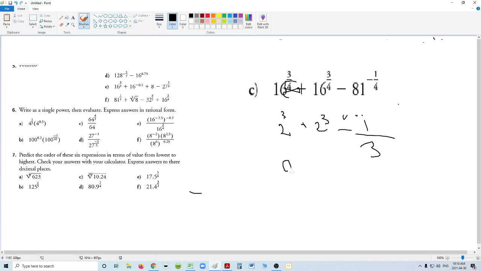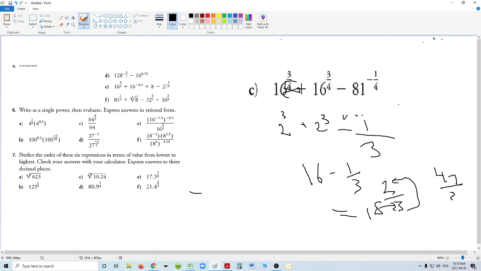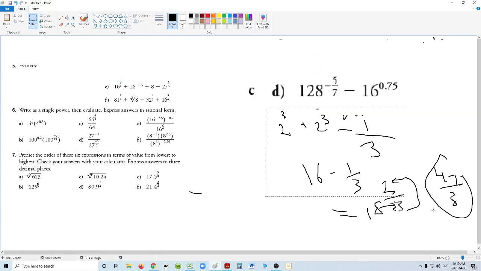So this becomes 8 plus 8, which is 16, minus a third, which is equal to 15 and 2/3. If I put that in fractional form, I multiply the 15 times 3 and add 2. I get 47 over 3 as a fraction. This is as a whole. But it says evaluate, which means they want the answer. Again, you just have to remember your decimal as a fractional form.